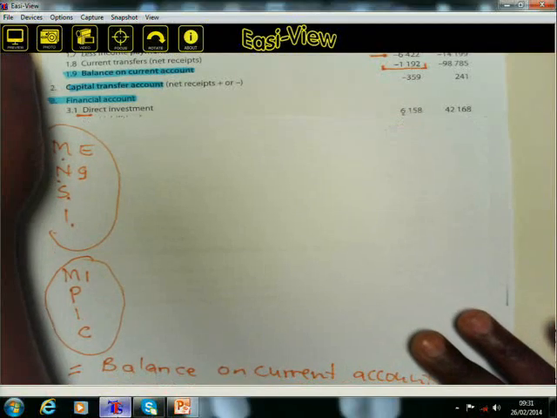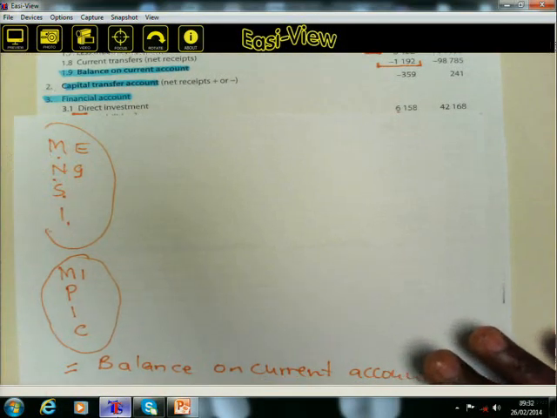So let us move to the financial account. How can you recall it? You can just write something like DOP. D-O-P, meaning direct investment, O, other investment, P, portfolio investment.